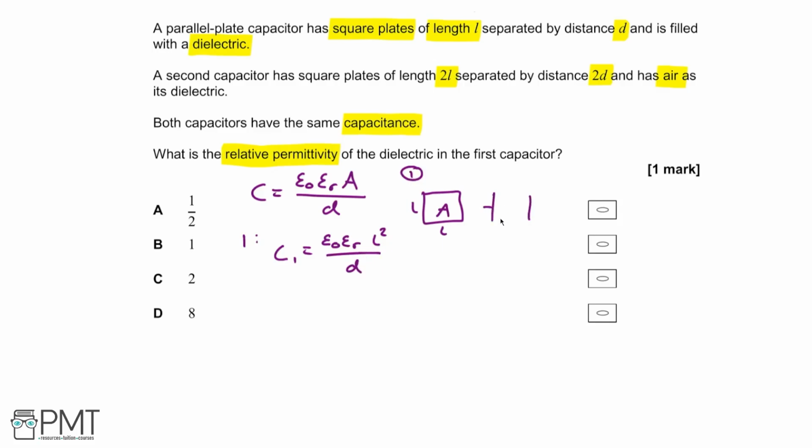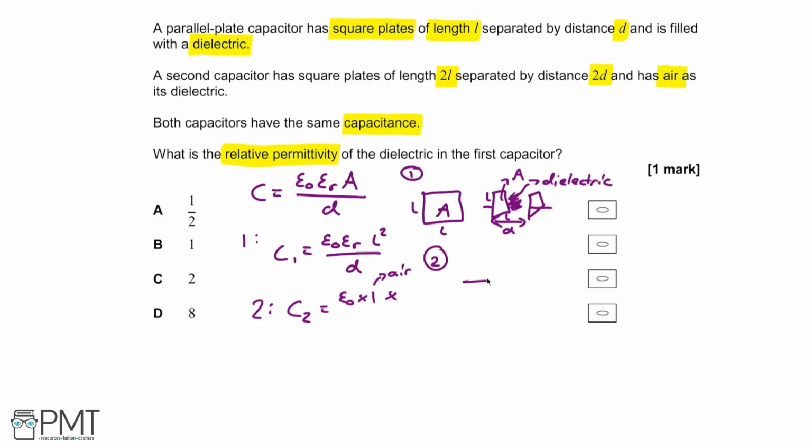So it corresponds to that situation where this has the area A. As for capacitor 2, we have C2 is equal to epsilon naught multiplied by 1. Here I've set epsilon R for the second capacitor equal to 1, which comes from the fact that there's an air gap between the two plates, whereas in 1 we have some kind of dielectric, which is usually a block of some kind, but I've just drawn it like that to resemble that there is something between the plates, multiplied by the area.